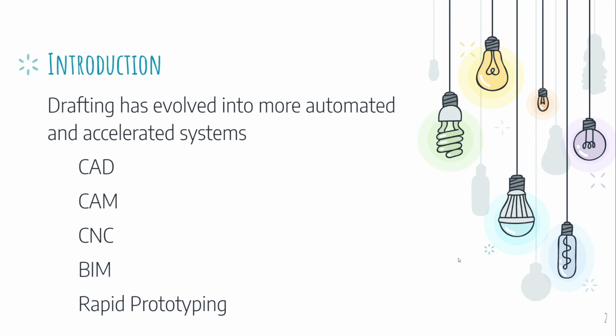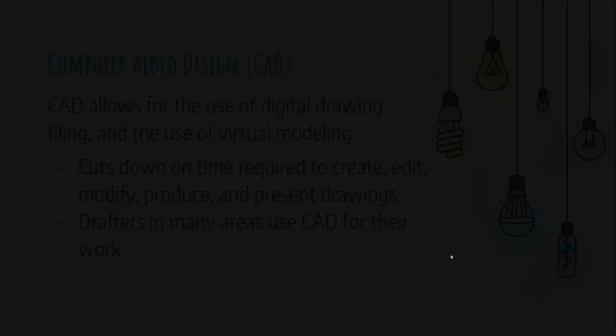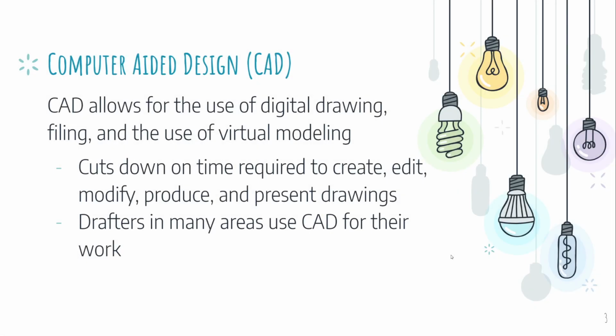Some of those concepts that we've brought into play are things like CAD, CAM, CNC, BIM, and rapid prototyping, which we'll look at in a bit. And it all has started to fold now into the trend of sustainability, which will be our topic of discussion for this presentation.